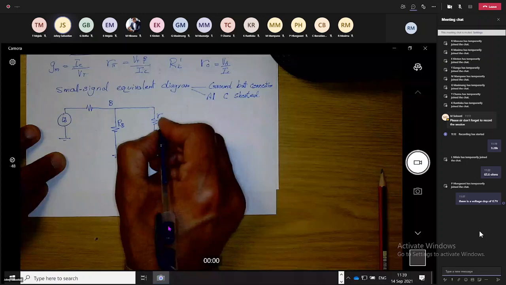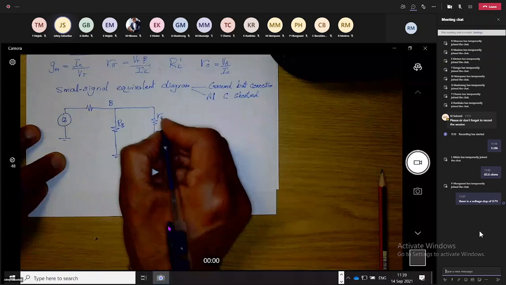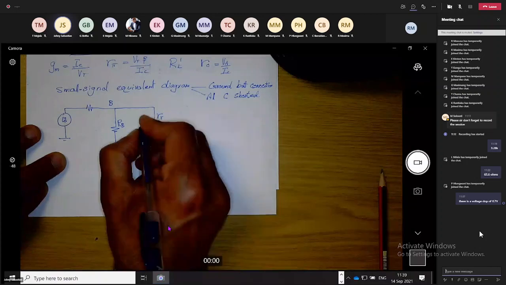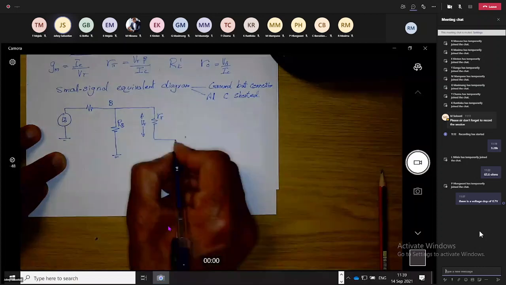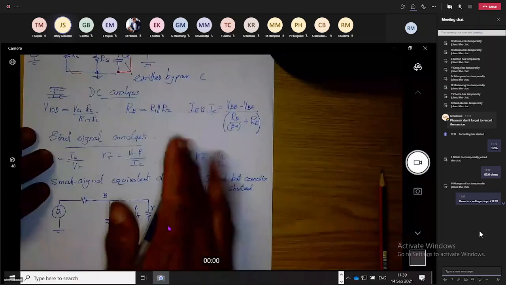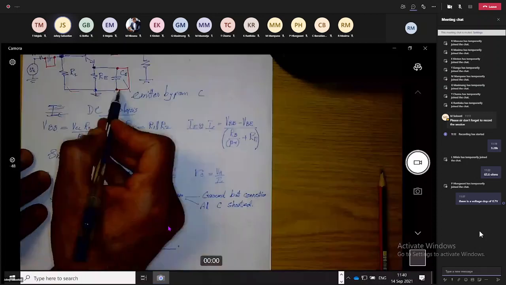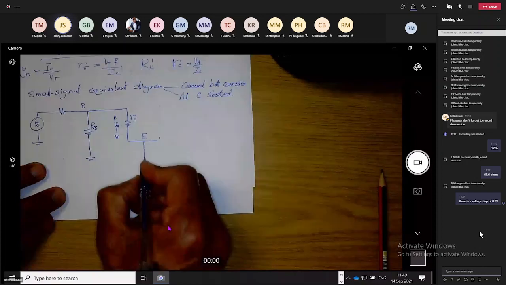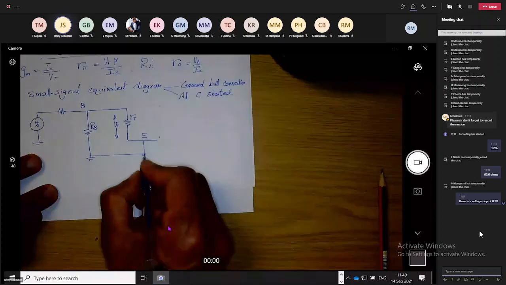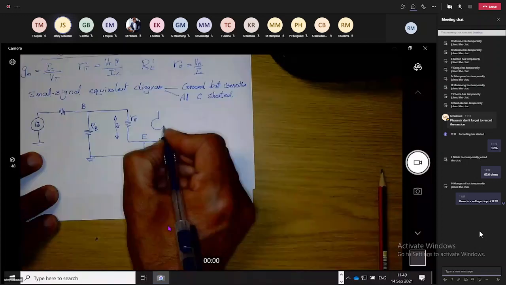Across R pi, there is a V pi. You reach the emitter. At the emitter, there is a capacitor connected, and that capacitor acts as a short circuit, so the emitter is connected to ground. And between collector and emitter, there is signal collector current flowing.